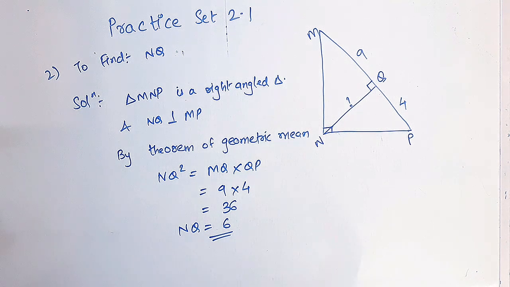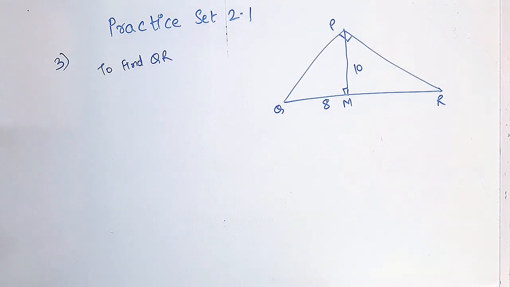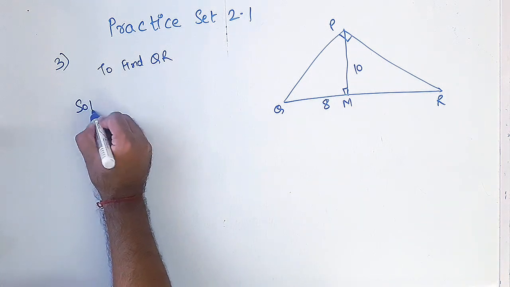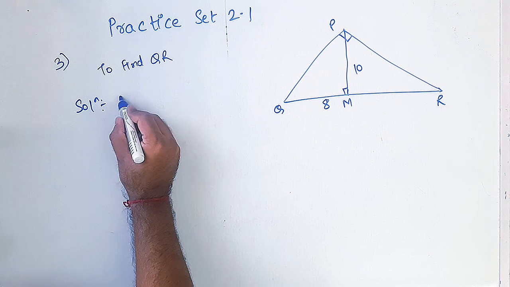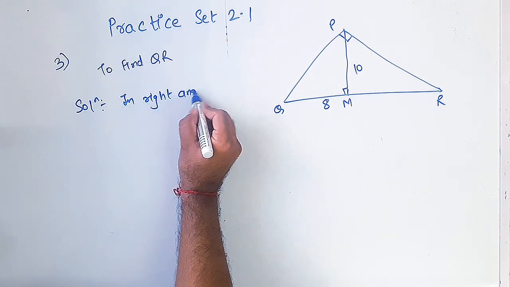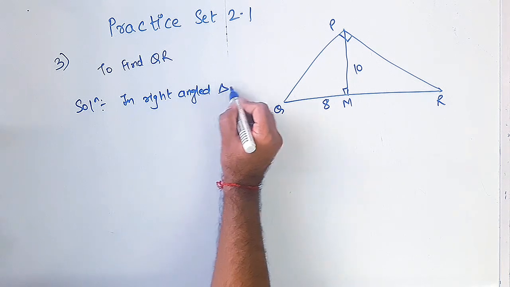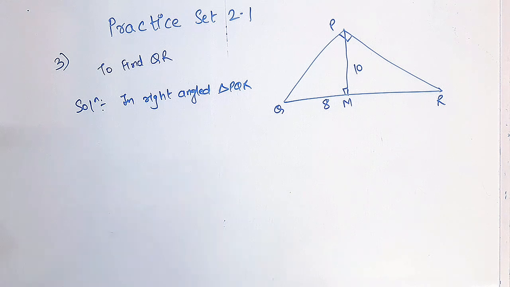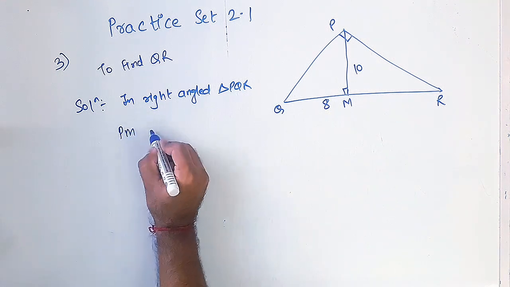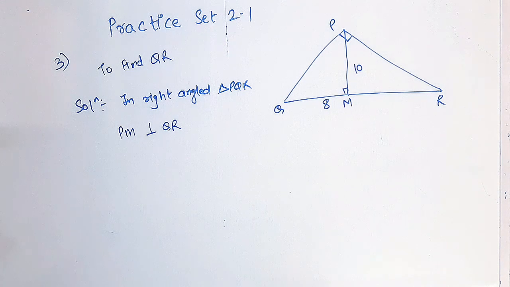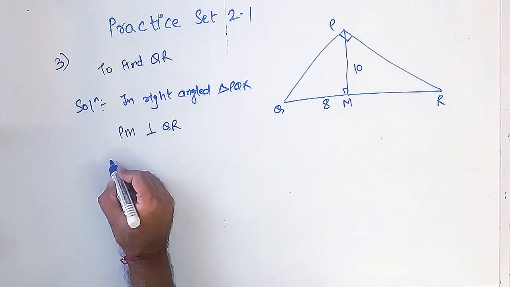Then third one is similar to the second one. You can see in right angled triangle PQR, this is a right angle triangle, PM is perpendicular to QR. So can we use geometric mean here? Yes.